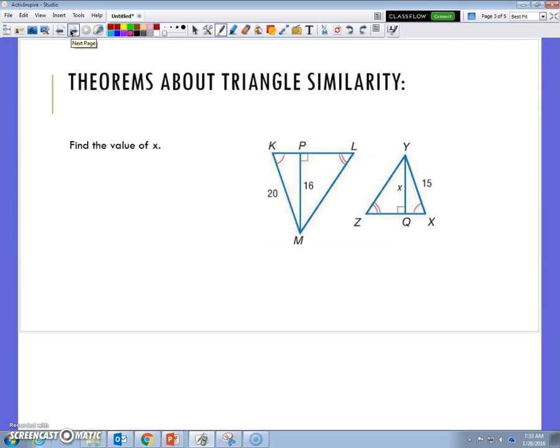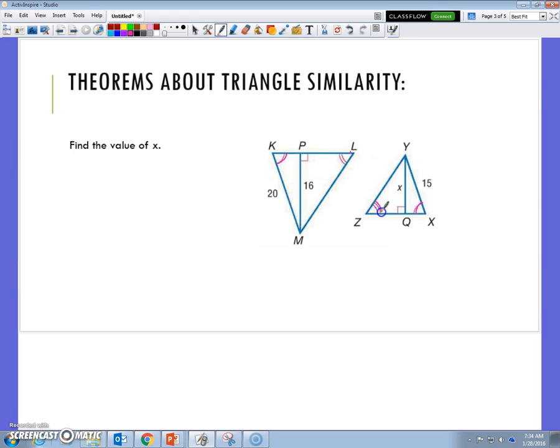Before you can use this theorem about the altitudes, what you have to know is that they are similar triangles. So if I look at these triangles here, and I'm trying to use this theorem, KLM and YXZ, we need to make sure that they're similar. It looks to me like we have one angle here and another angle here.